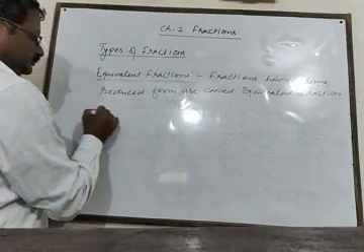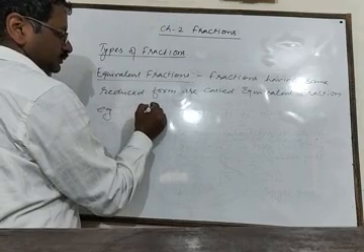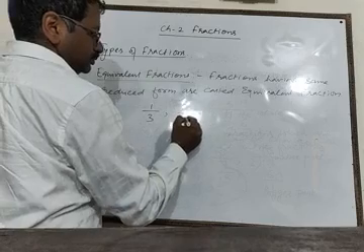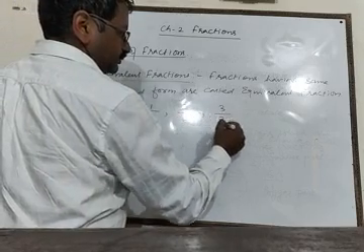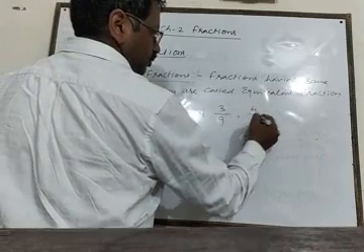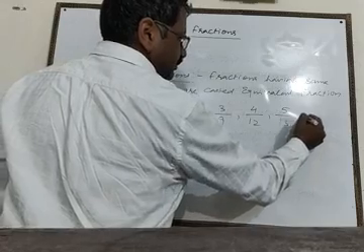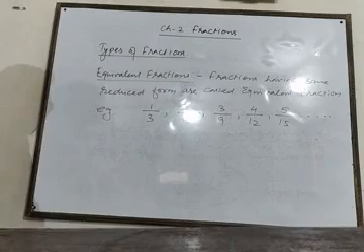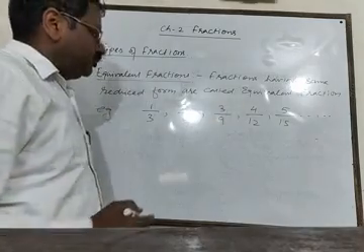For example, 1/3, 2/6, 3/9, 4/12, 5/15. So you can see that every fraction is having the same reduced form.